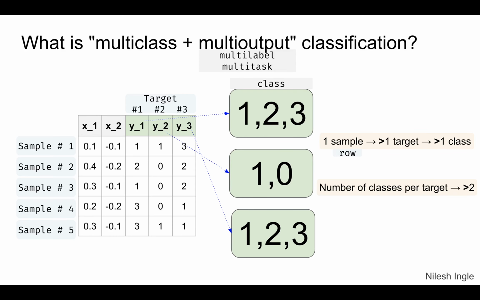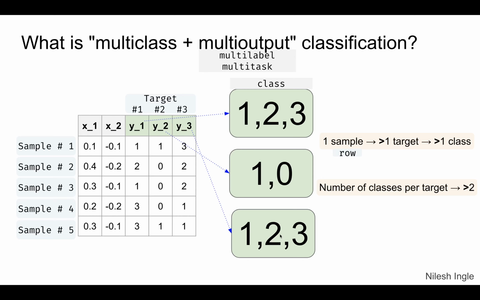Now, a combination of multi-class and multi-output is also there. It's also called multitask. So here again, we have a similar table as we saw in the previous case, where we have x1 and x2. Those are the two features. And now we have 3 targets, y1, y2, and y3. In this case, however, each target can have more than 2 classes. So y1 has class 1, 2, 3. Y2 has just 2 classes.